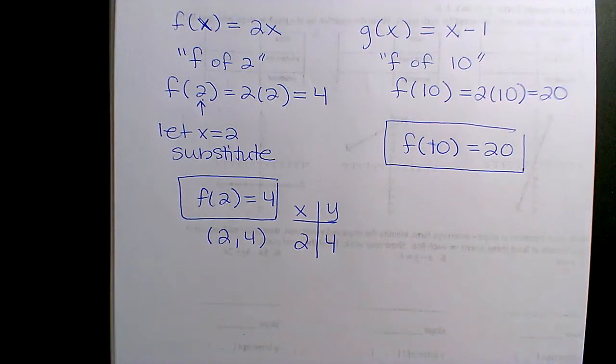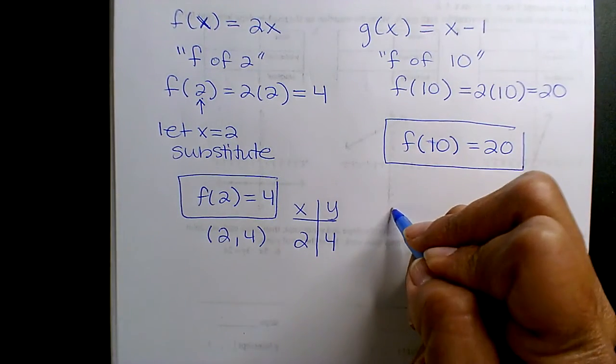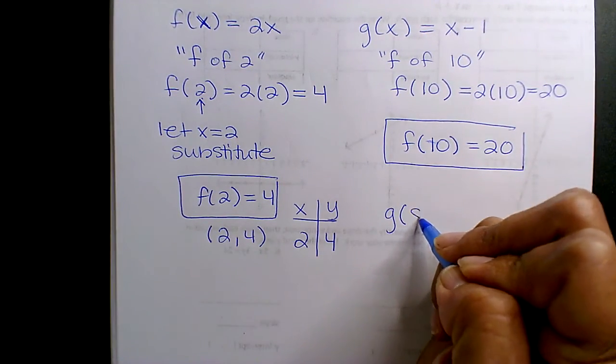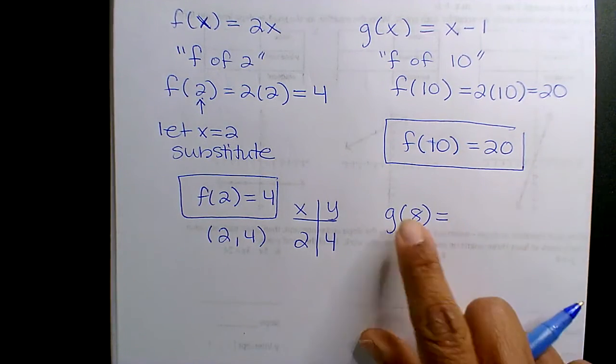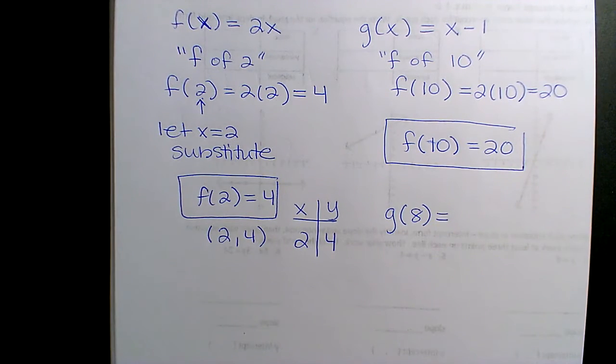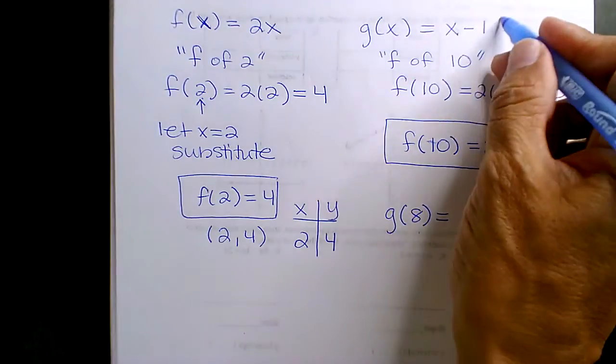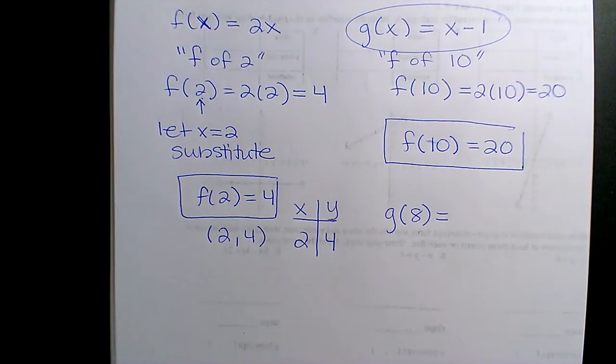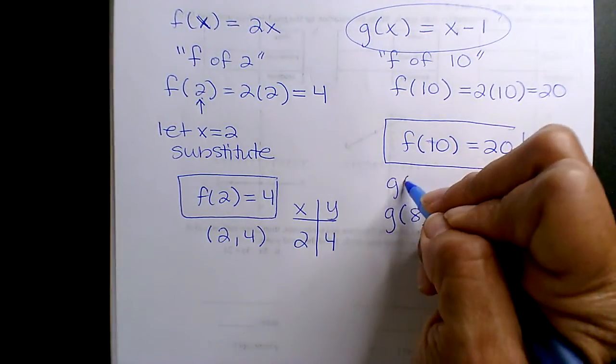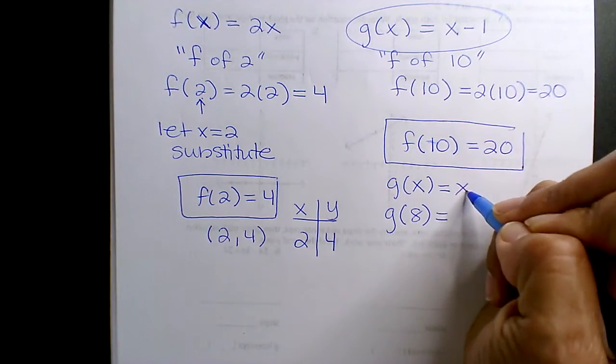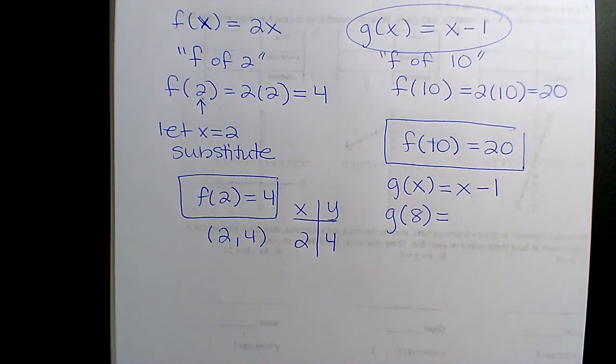Okay. All right. If I look for g of x, okay. So if I give you g of 8, then what is g of 8 equal to? This is a function I'm going to use, right? So if the function g of x is equal to x minus 1, what would g of 8 equal to? 7, right.